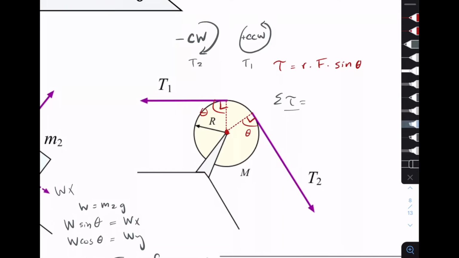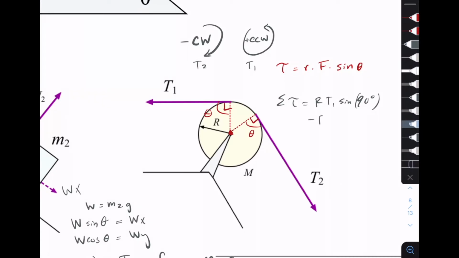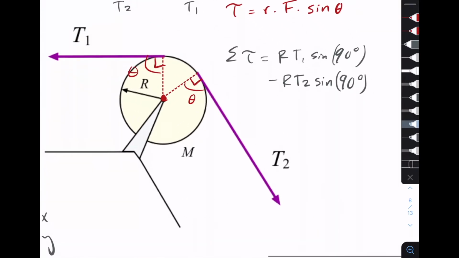So the sum of torques: we are going to have R T1 sine of 90 degrees, which is the positive counterclockwise, minus R T2 sine of 90 degrees, and that's going to be equal to I alpha.